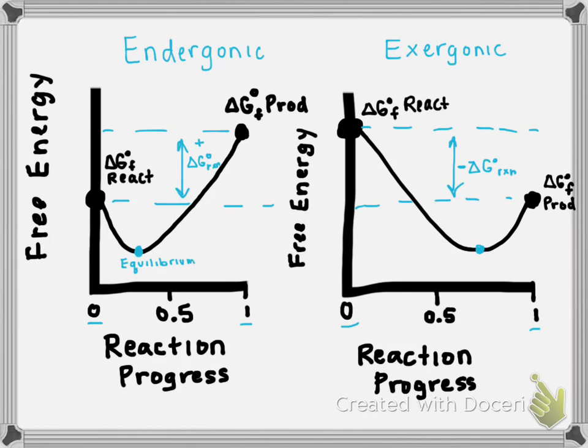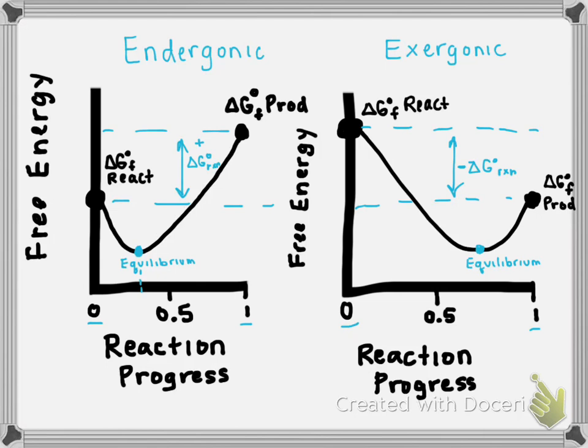And to figure out the magnitude of KEQ, we're going to look at where that equilibrium point sits on the x-axis. Okay, so on the left plot, we can see that our equilibrium is sitting more on the reactant side.